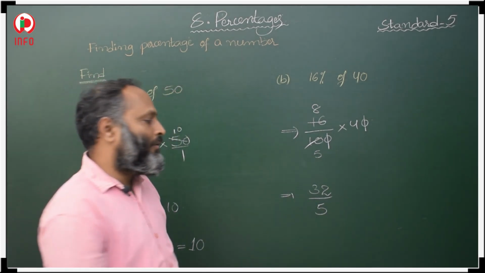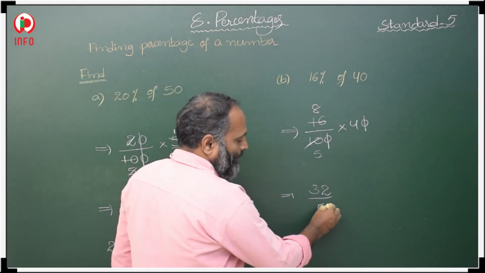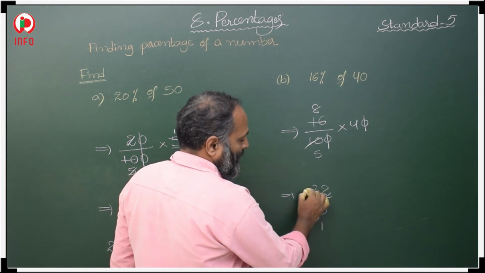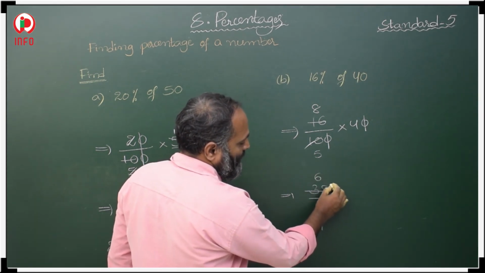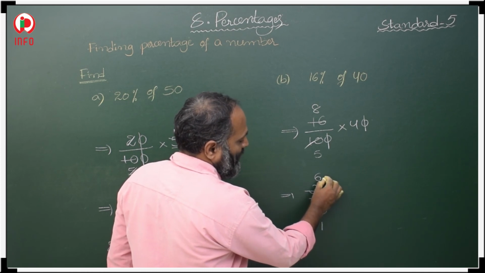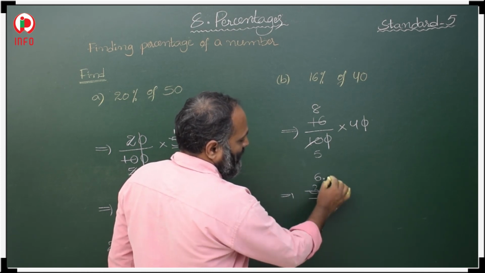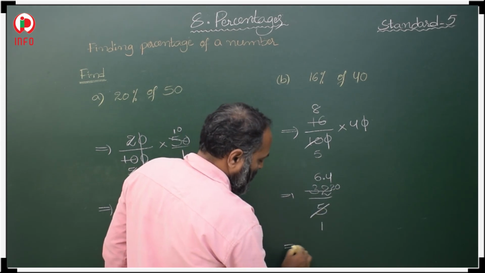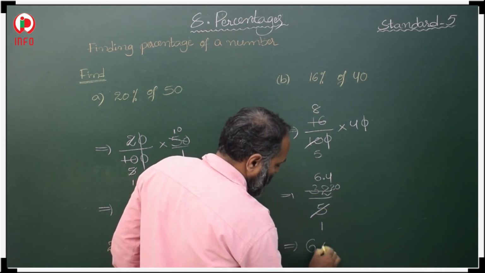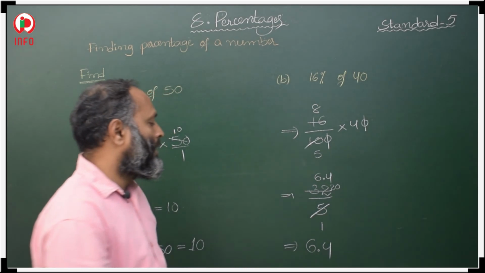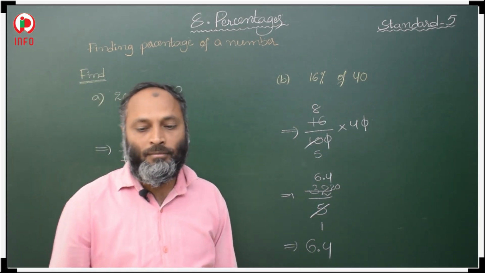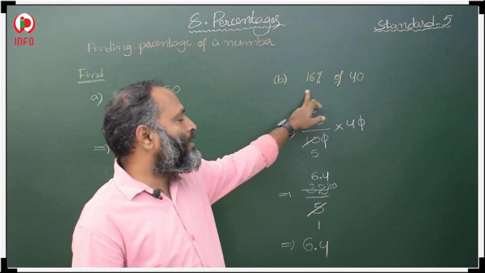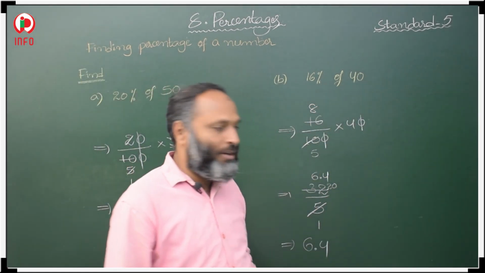Now we have to divide by 5. 5 6s are 30, here 2 is left, then you take the decimal, then you get 20, 5 4s are 20. It is 6.4. 16% of 40 is 6.4.